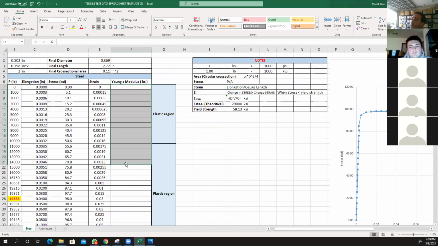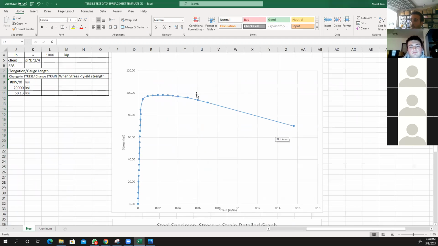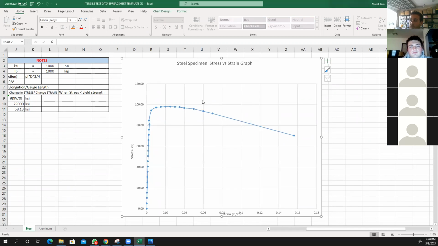So now I have to determine Young's modulus. For this, I had to first generate the graphs, and they are already generated with the table, provided in this spreadsheet. So this is the overall steel specimen stress-strain graph. This is the big picture where you see the linear portion.